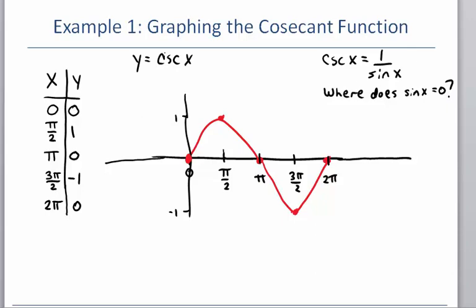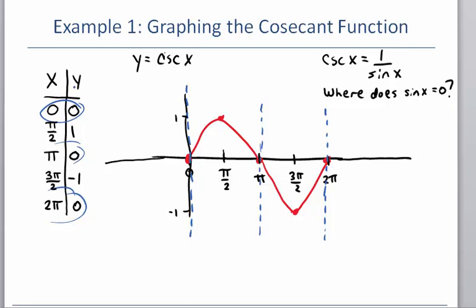So I can look at my graph and I can tell you that I will have an asymptote at pi, because that's one place where the sine function is equal to 0. I will also have an asymptote at 2 pi. Again, that's another place where the function is equal to 0. And I will have one at 0, because that's another place where the sine function is equal to 0.